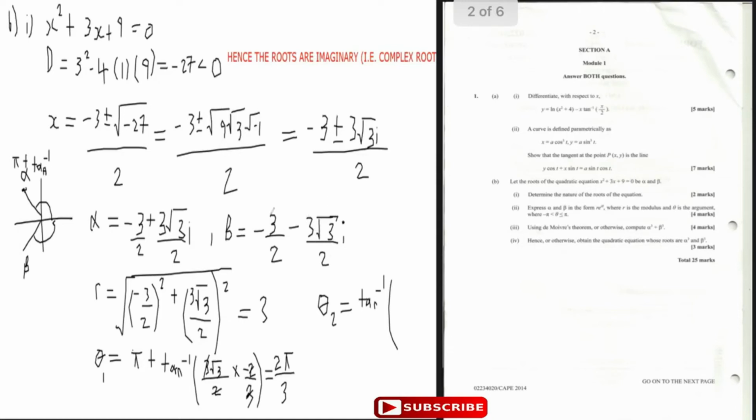It's tan inverse of b over a, so it's just going to work out to be positive root 3, then minus pi. I'm positive that's what I get. So let's put that in our calculators now. Tan inverse of root 3 minus pi. So I get minus 2 pi by 3 in the third quadrant, minus 2 pi by 3.